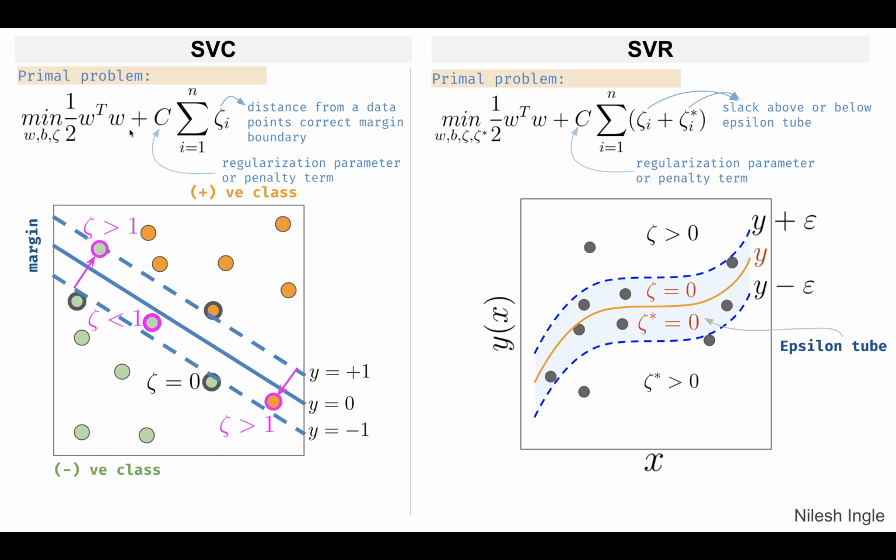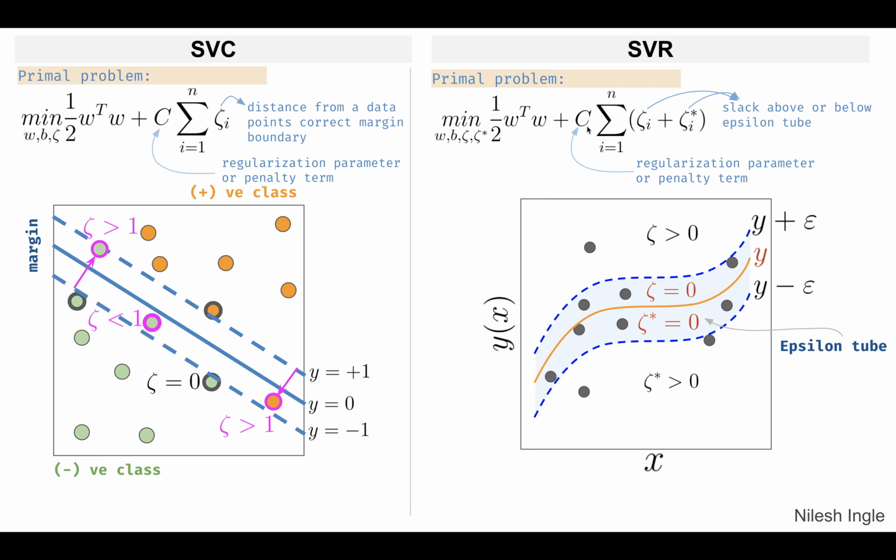For each of those two types, we have this minimization problem where we have W transpose W that we have seen before, and here we have the regularization term with C and zeta. Zeta is the distance for how far points are from the decision boundary, and C is the regularization parameter that can be used to control how much penalty we allow to be put on the misclassified data points.